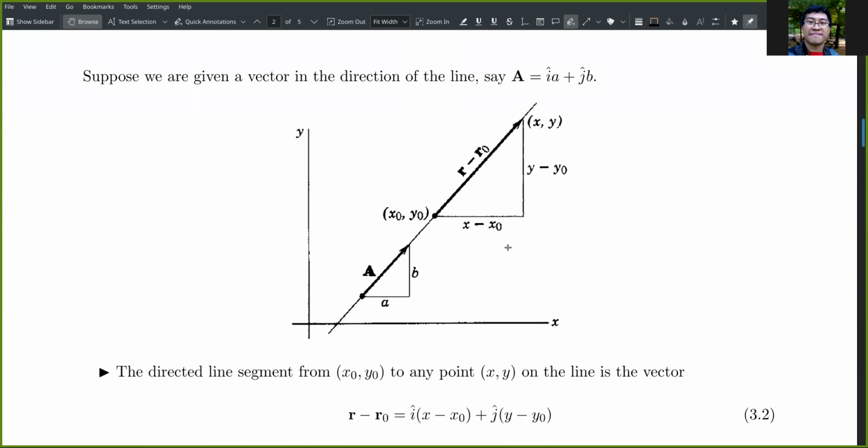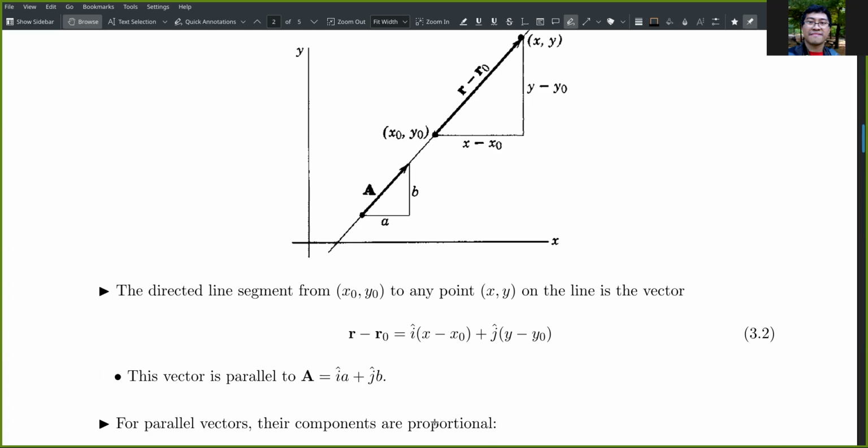Suppose we are given a vector, let's say the vector a, and we want to determine the equation of a line passing through this vector a. Suppose we have a given point here x naught, y naught and this arbitrary point x, y. Using these two, we can get this r minus r naught vector, that's this expression.